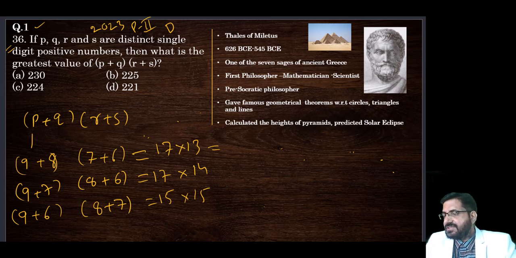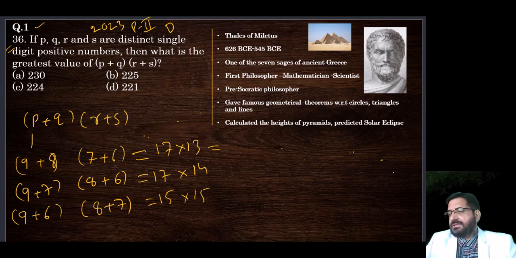First take this 17 and multiply by 10. You get 170. Without a pen you have to calculate such simple things, then only you can maintain that speed. So 17 into 13: first multiply 17 with 10, you get 170. Then 17 into 3 is 51. Then add 170 plus 51, it will be 221.